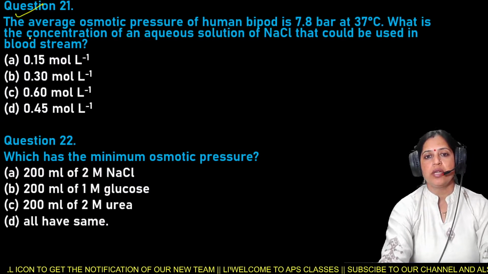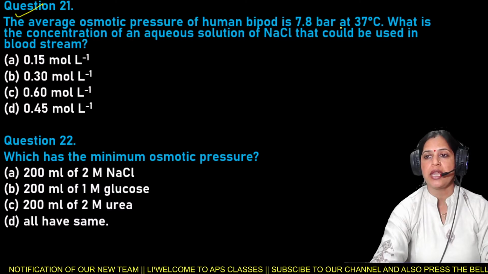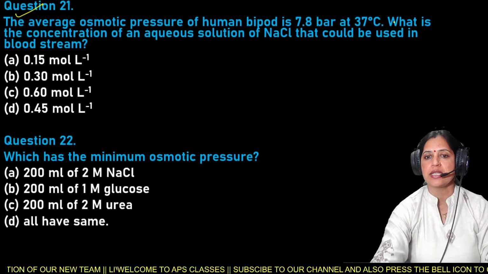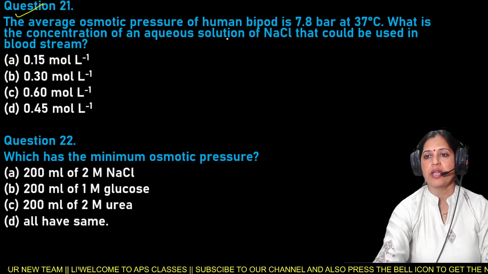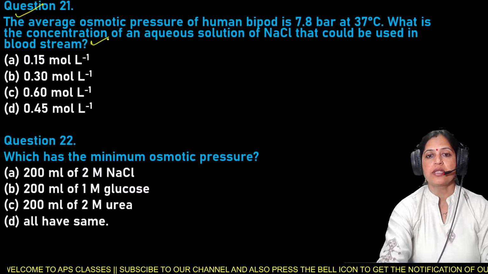Next question number 21. The average osmotic pressure of the human blood is 7.8 bar at 37 degrees Celsius. So what is the concentration of an aqueous solution of sodium chloride that could be used in the bloodstream?